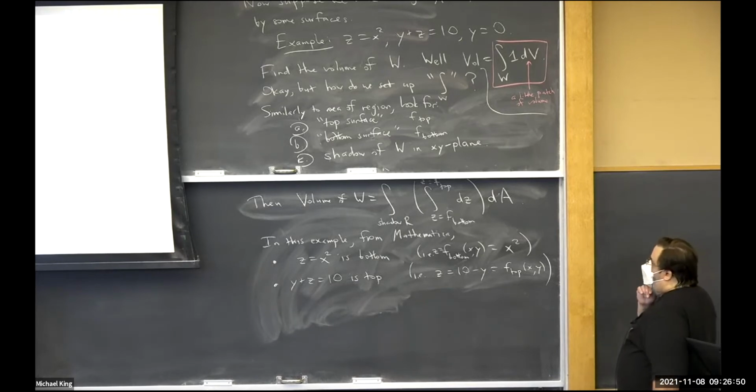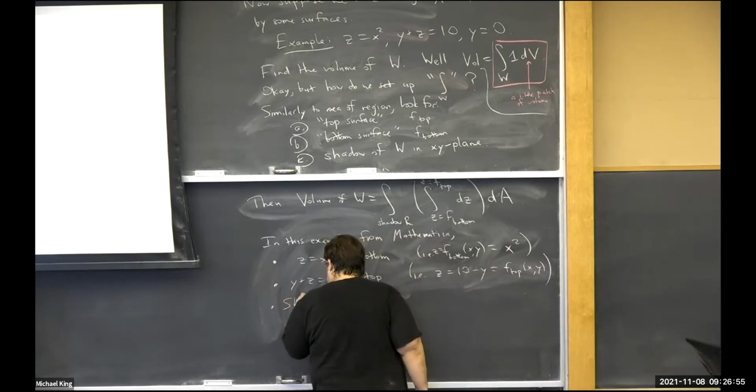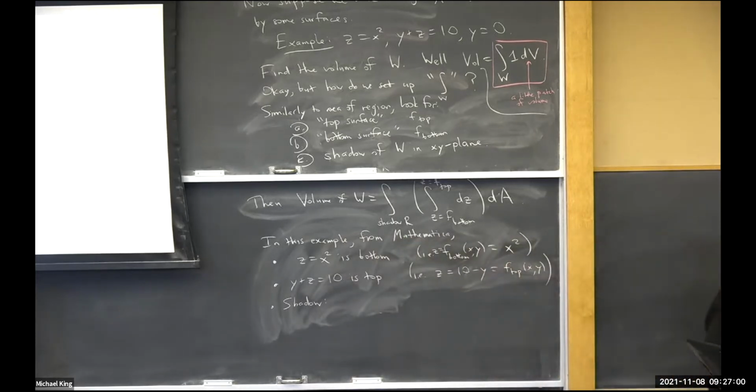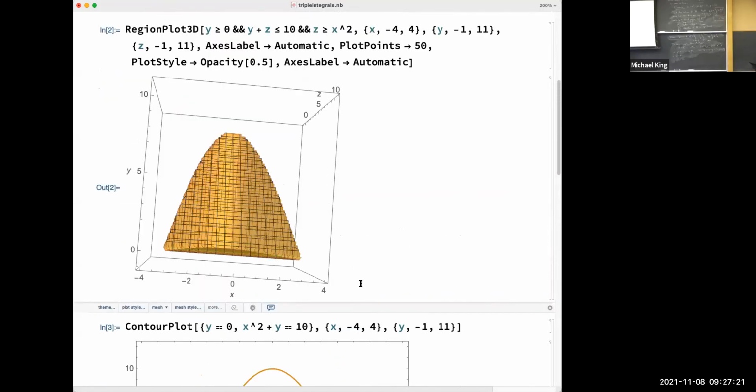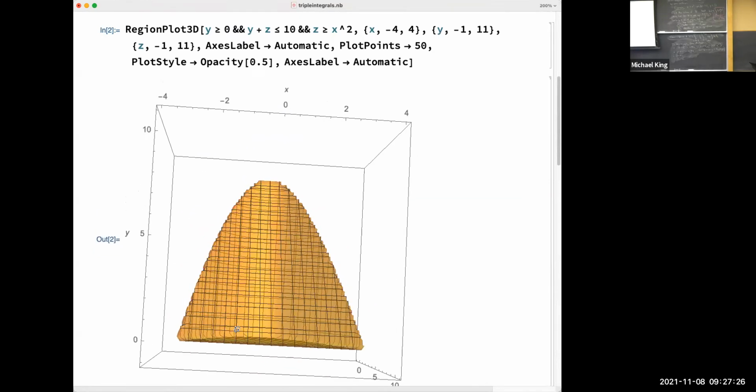And now what about the shadow? What makes up the shadow? The shadow seems to look like this. Sorry, let me share screen again briefly. So the shadow is this. How do we find the boundaries of the shadow?